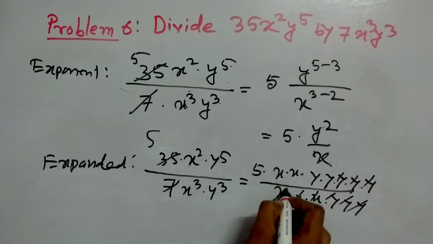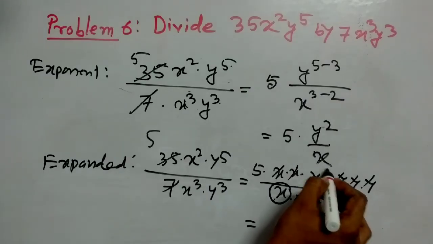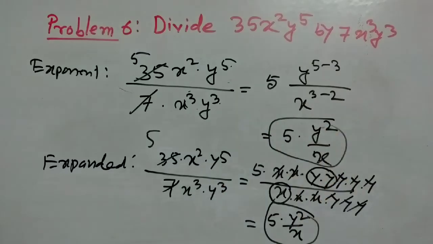Now this x will remain. So 1 x remains in the denominator, and 2 y's will remain in the numerator. So it will be 5y square by x, and it was the answer previously.